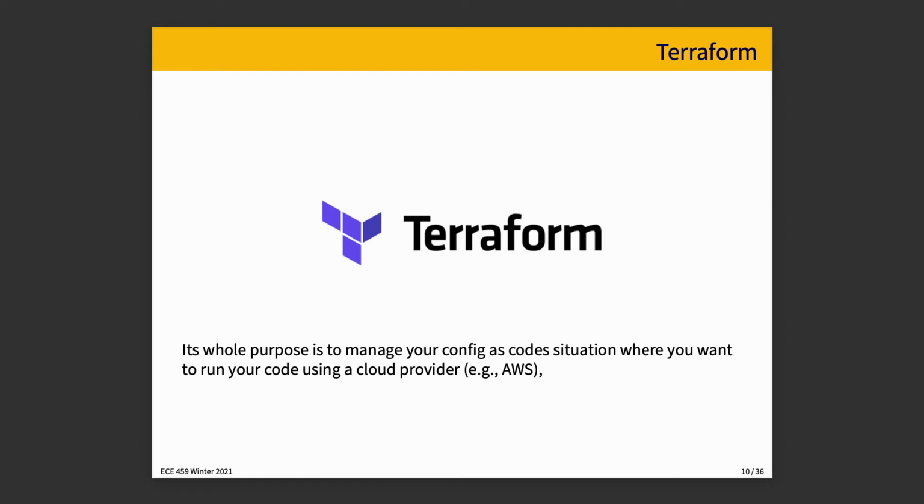You can, in the web UI, go into the AWS console and say, look, I want to create this instance, and I want to do this, and I want to do that, and it will gladly accommodate you. But that's kind of inefficient. It would be better if you instead use some automated method for configuring it, and that's what Terraform is for.